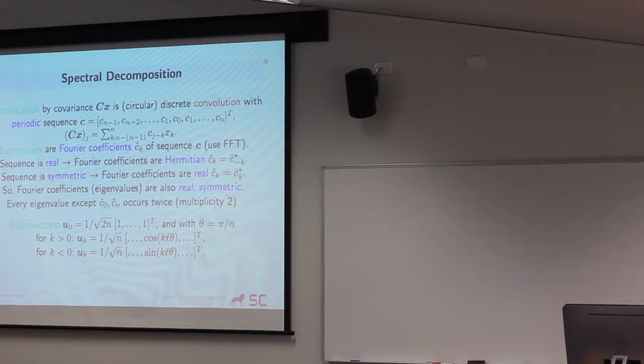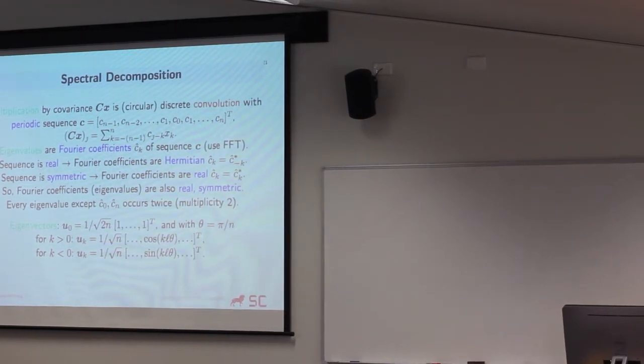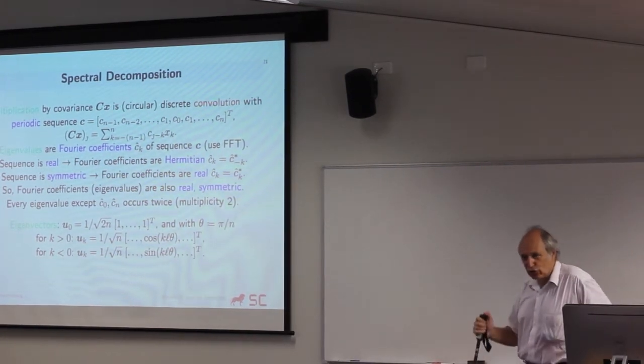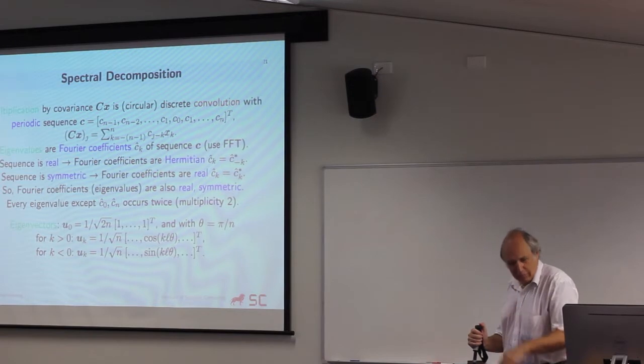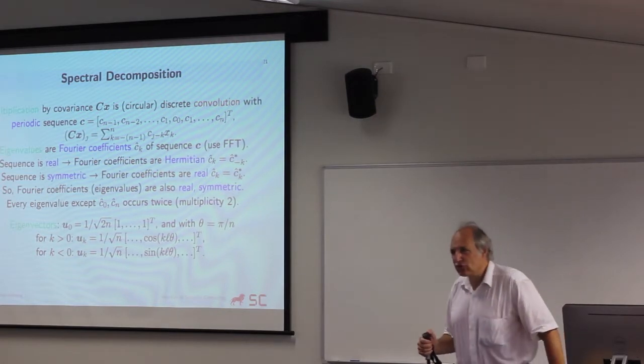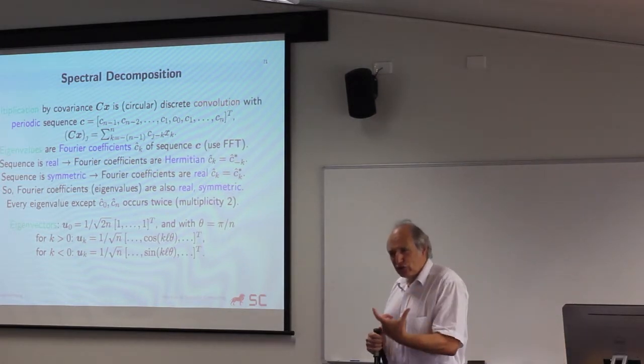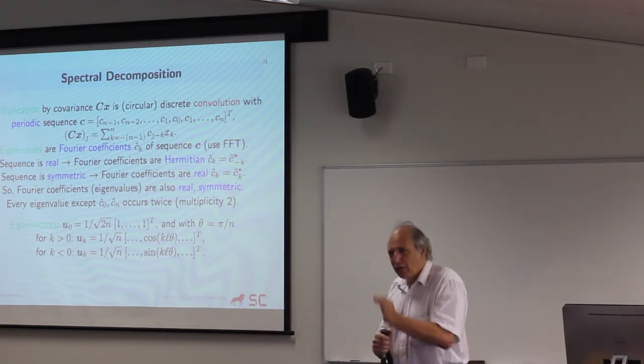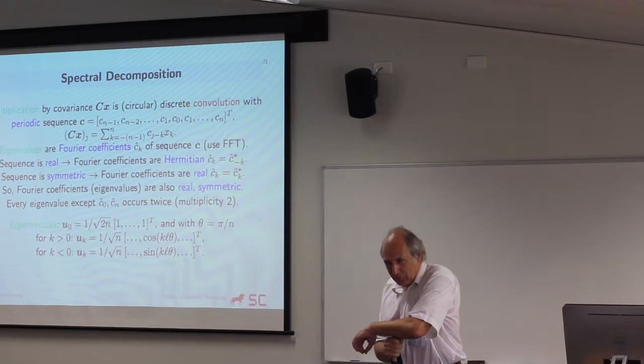Here I will not go into this. We see that multiplication by this covariance, by that kind of matrix, is actually discrete convolution. Now everyone who's done a little bit of analysis probably remembers this too. If we have convolution, what does the Fourier transform do to convolution? It transforms it into multiplication of the two Fourier transforms.